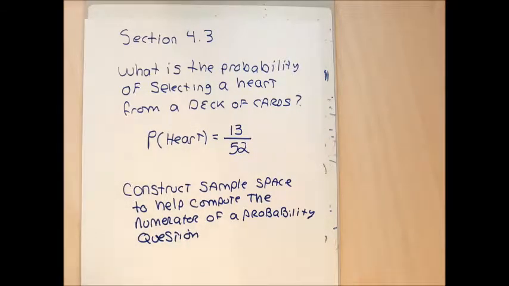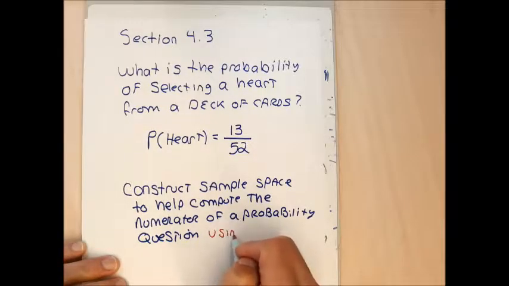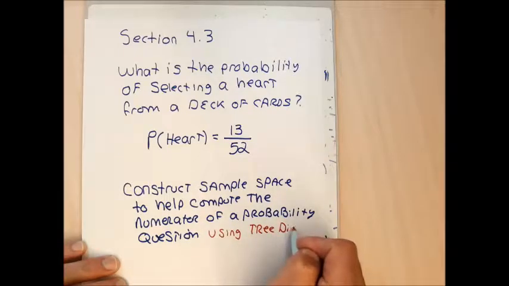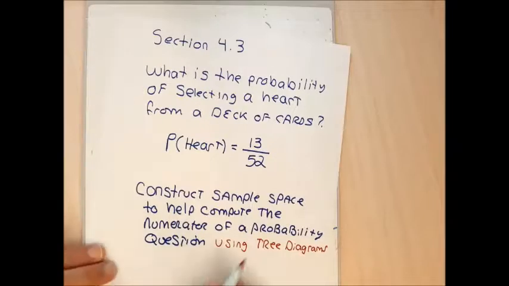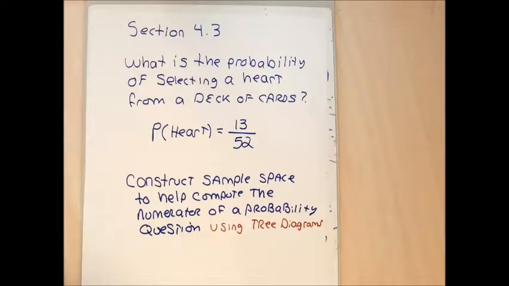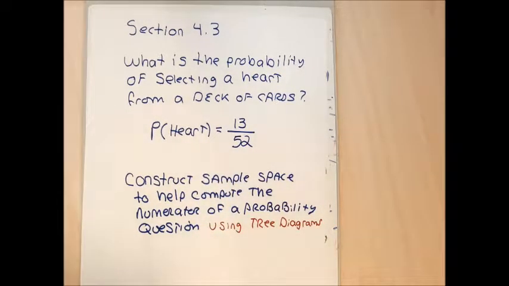And we're going to construct these sample spaces using something called a tree diagram that I'll get to in a little bit. They're kind of easy. Maybe the word seems imposing, but it's not so hard. So we're going to be constructing sample spaces with the explicit purpose of answering probability questions, really getting the numerator part of the probability questions.